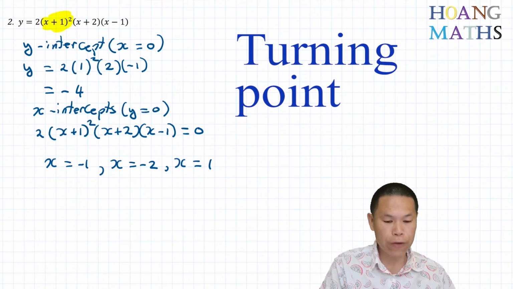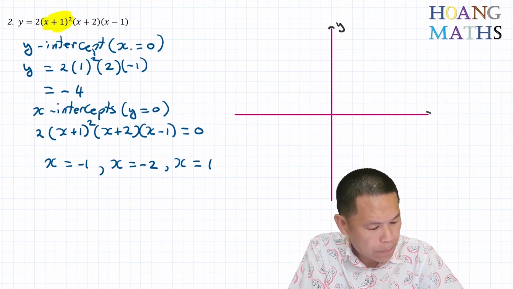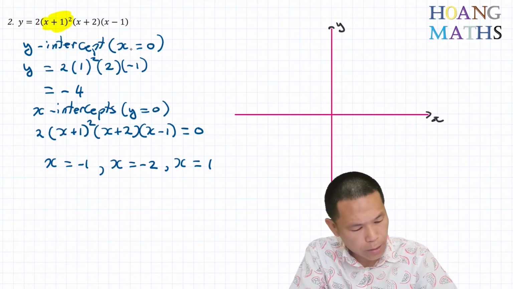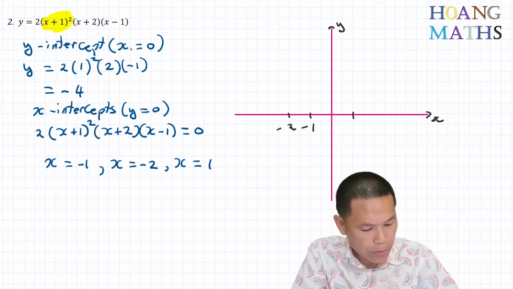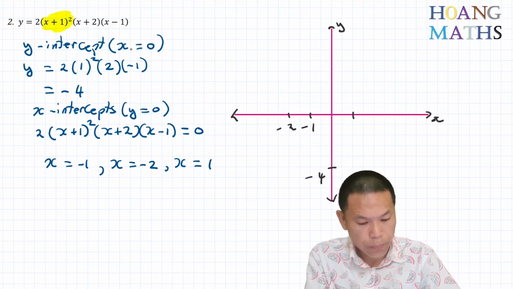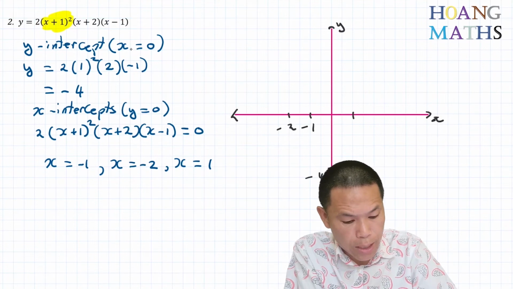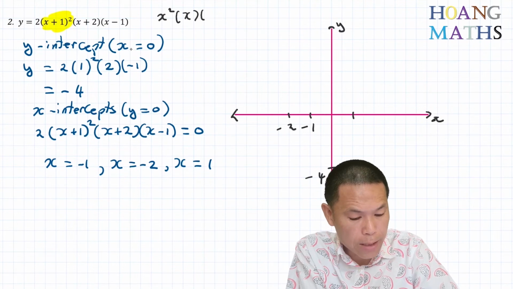So just let me draw the graph first. So this is y, this is x. So the x-intercept is -1, -2, and 1. And the y-intercept is -4, so roughly here somewhere. And don't forget, if you ignore the constant, that will give me x squared, and then times by x, and then times by x again.